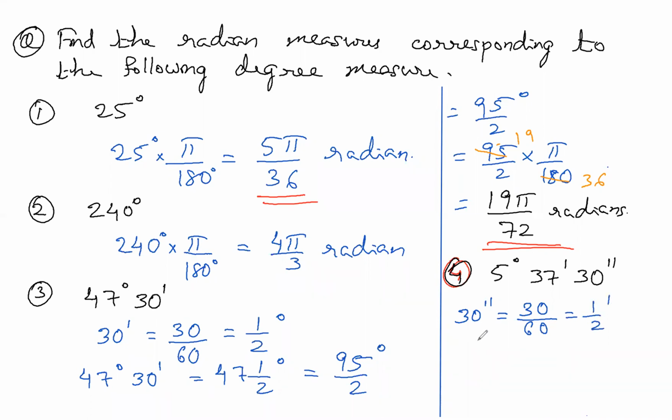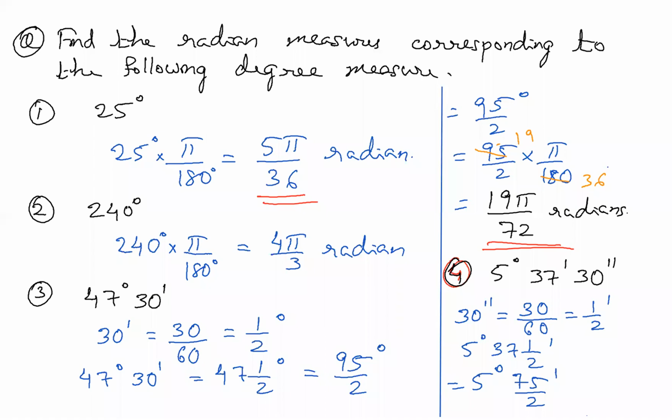That means the question becomes 5 degrees 37 and a half minutes, which is 37 into 2, 74 plus 1, 75 by 2. So it is 5 degrees, 75 by 2 minutes.